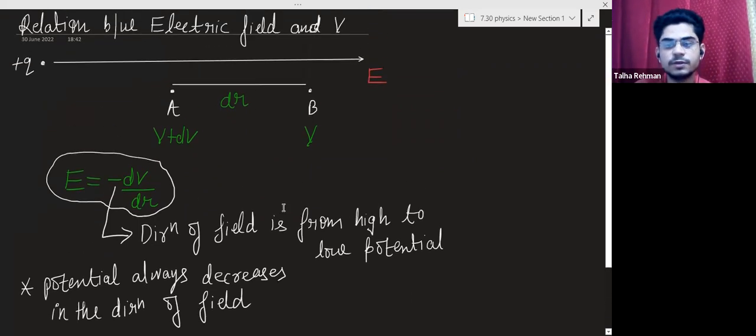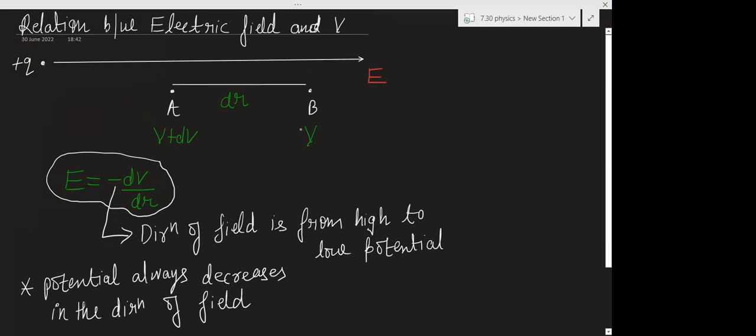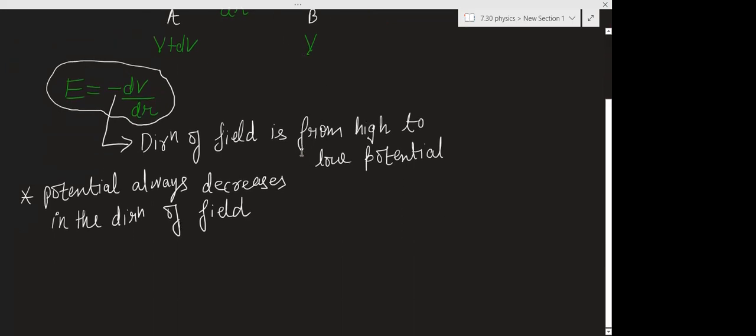Like you can see here, in the direction of field, potential is decreasing.